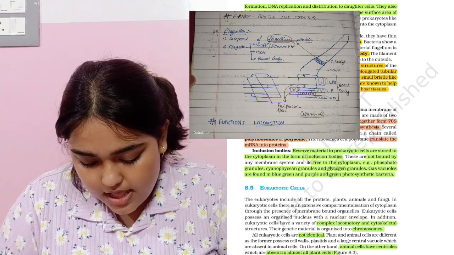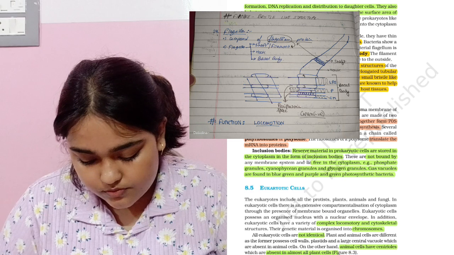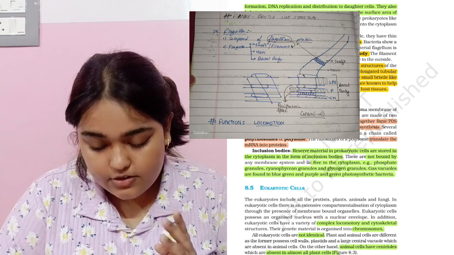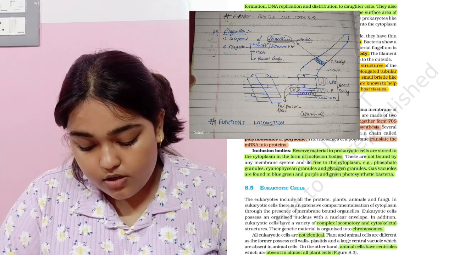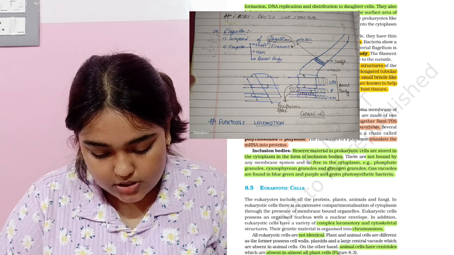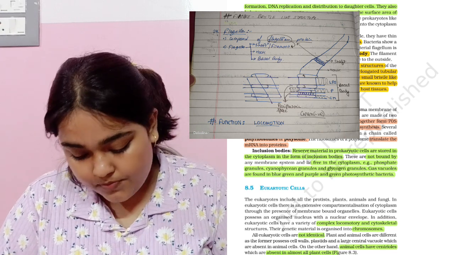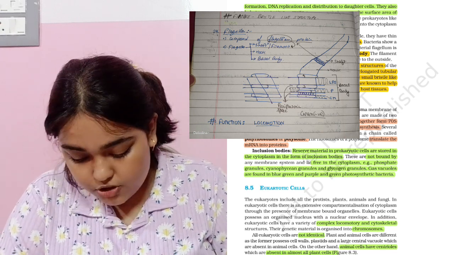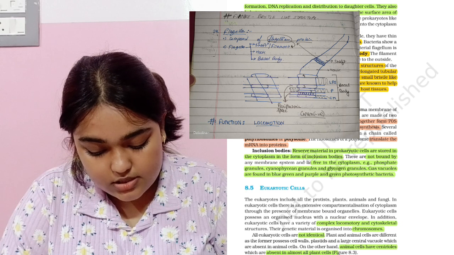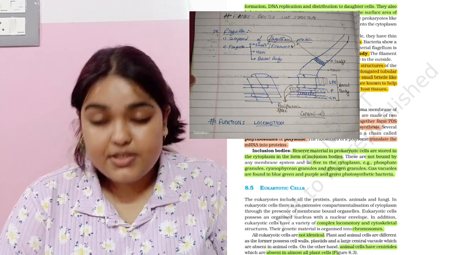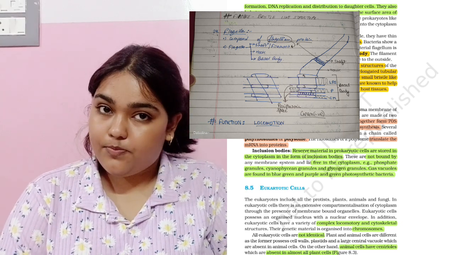Now, flagella is divided into three parts: filament, hook, and basal body. The filament is the longest portion and extends from the cell surface to outside. Besides flagella, we have pili and fimbriae.